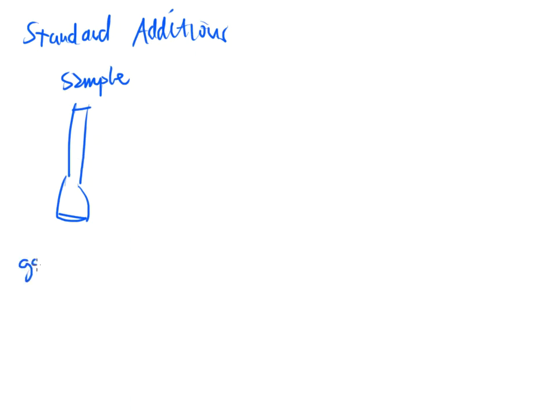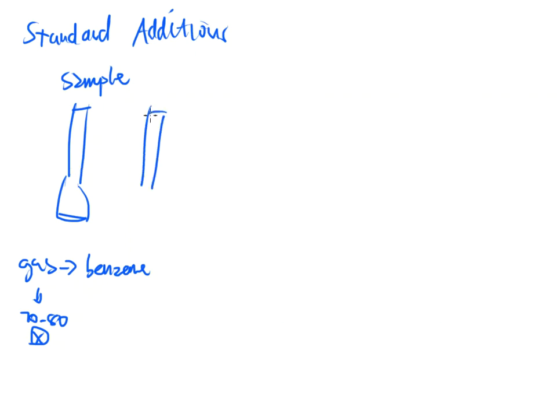In the gasoline case, let's just keep the trend going and say that we want to look for benzene. But I am not going to put 70 to 80 components in my standards to make it similar. So what happens is that I'll take my sample as it is.